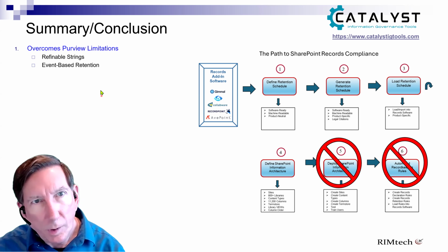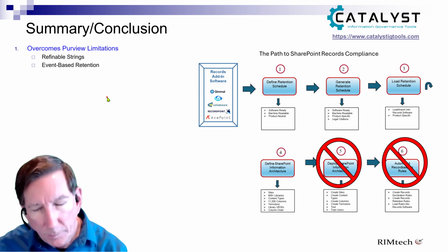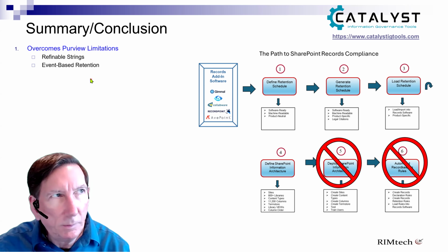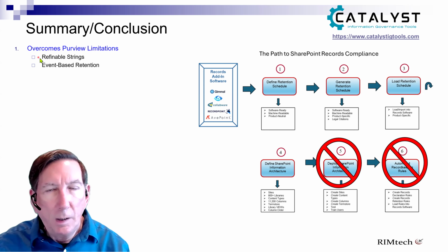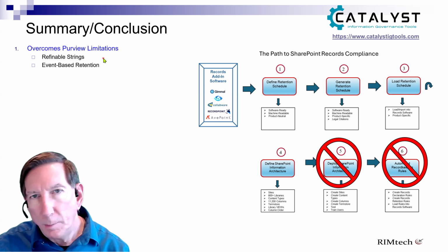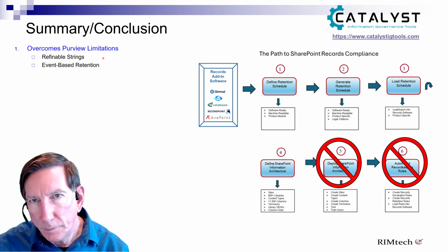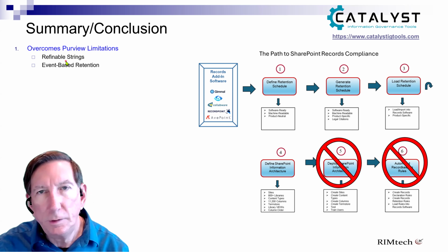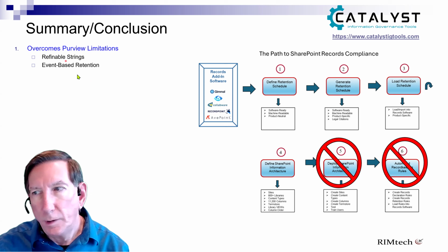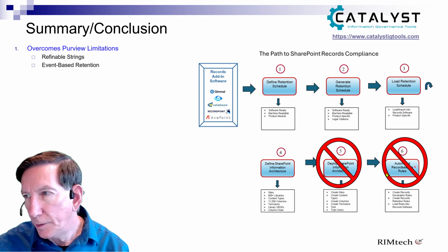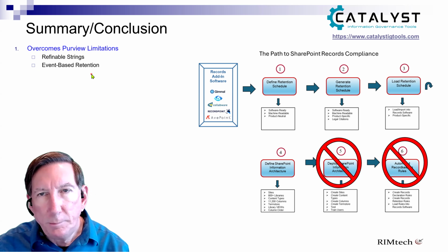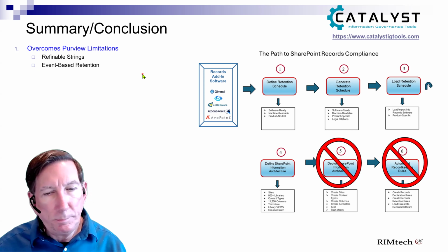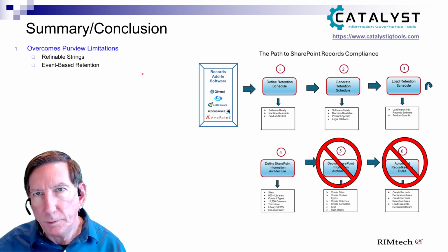If you want to know more, you can find out about them on our YouTube video or take our training course. The 2 are, number 1, refinable strings. It's a mathematical internal limit that severely limits your auto step 6. And event-based retention is a big issue in Purview.